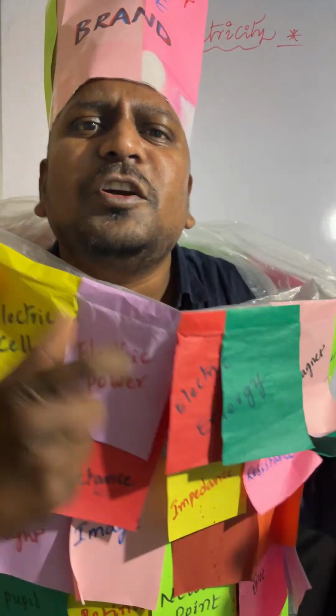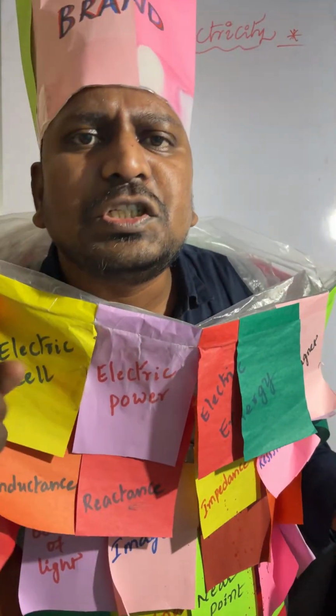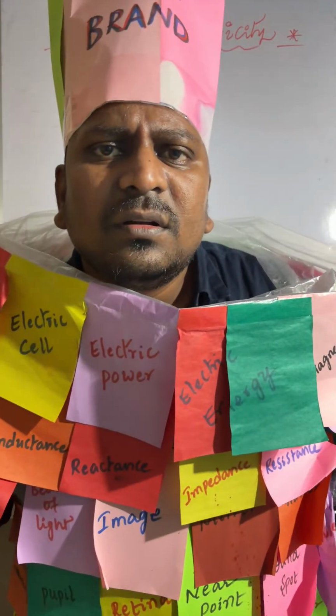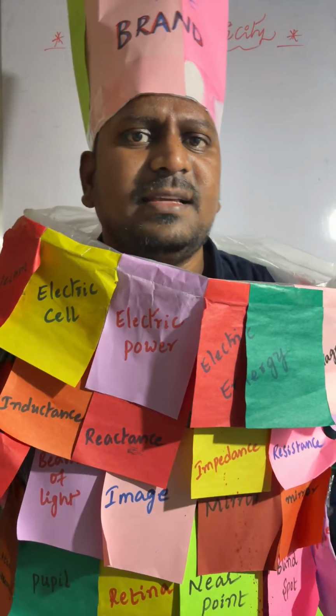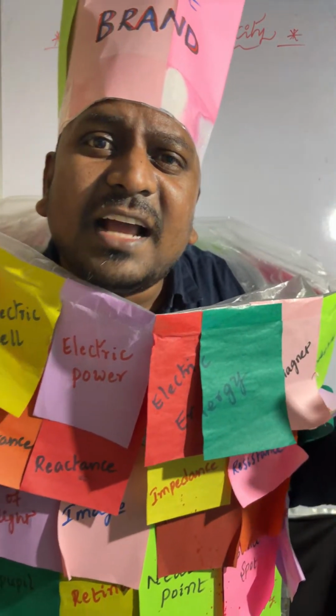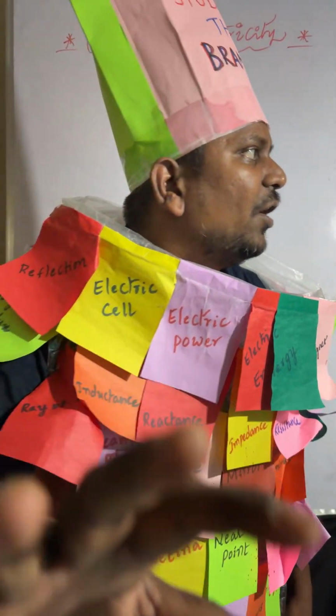The current at a particular instant is called instantaneous current. So now, based on magnitude and direction, current can be divided.